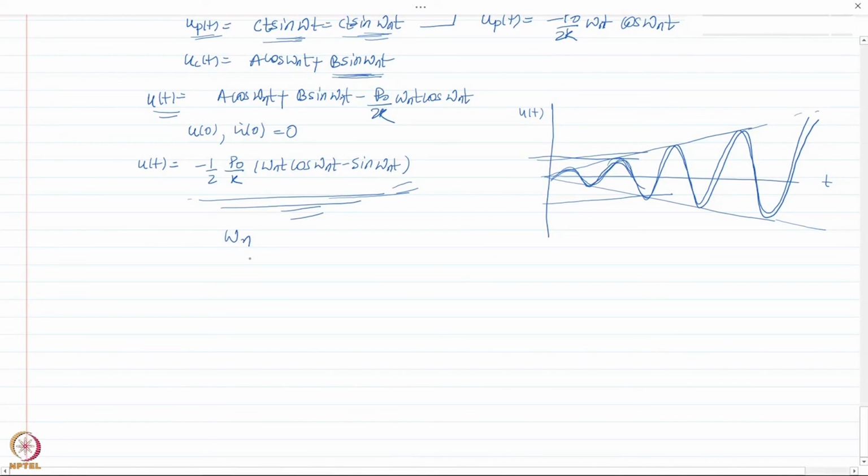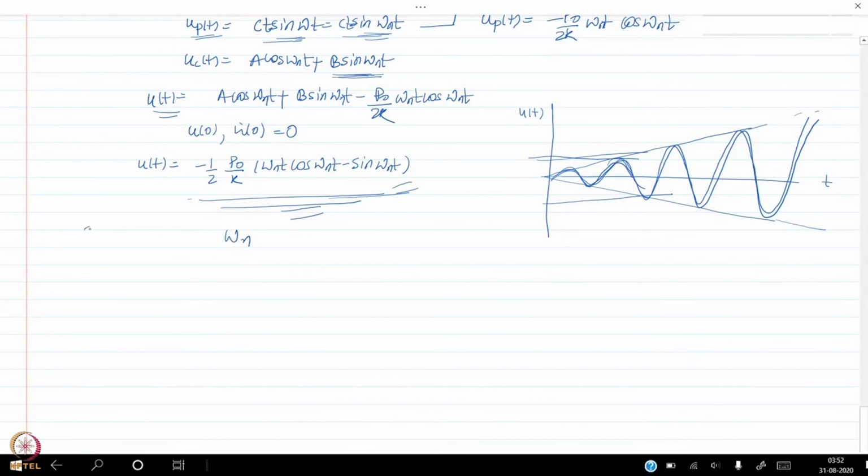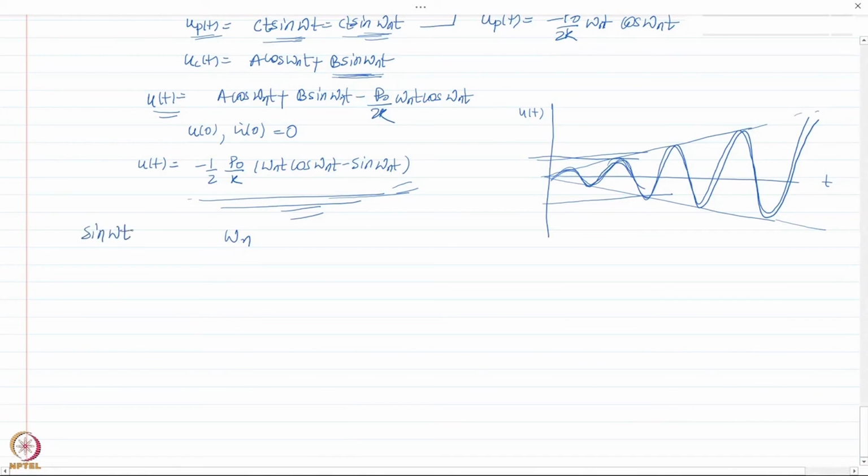So although initially you had applied a force sine omega t, with the applied frequency equal to the initial value of omega n, it started the resonance, the system starts to get damaged, so this omega n changes.